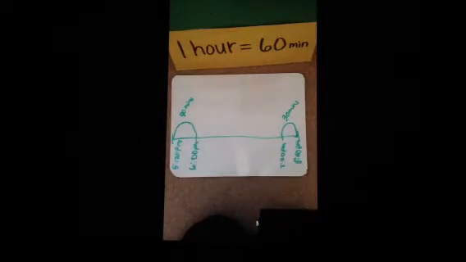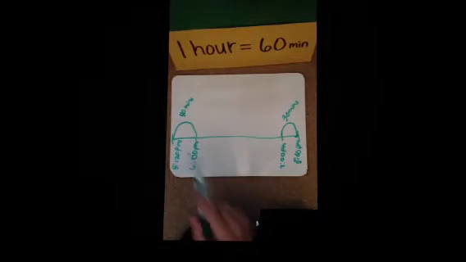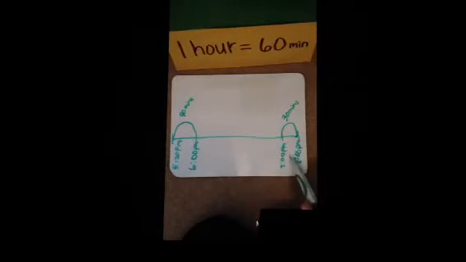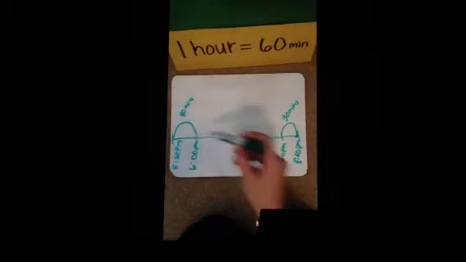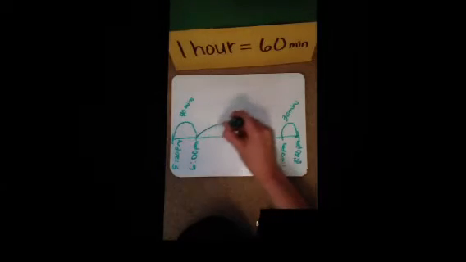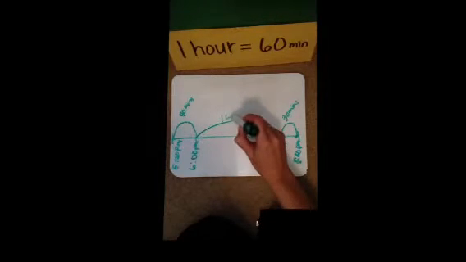Alright, so now we have our minutes. Now we are just working with hours. From 6 p.m. to 7, how many hours is in between that? One hour.